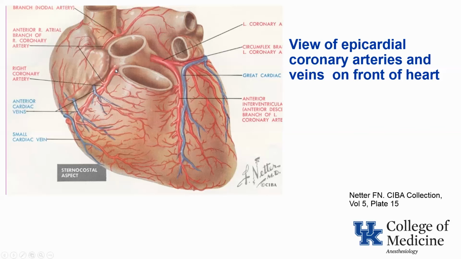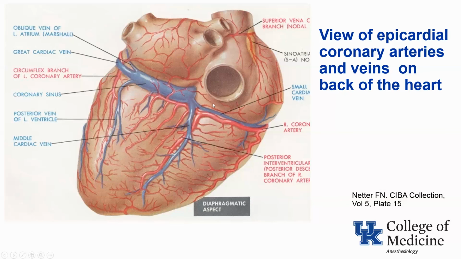Over here you see the right coronary artery coming off of the front of the aorta and running in the right AV groove between the atrium and the ventricle. The circumflex runs in the left AV groove between the atrium and the ventricle.